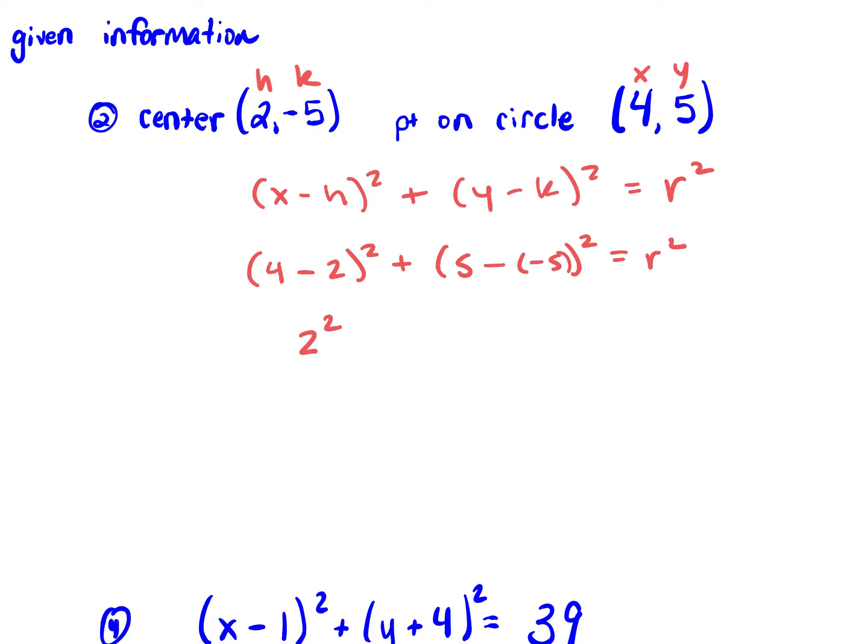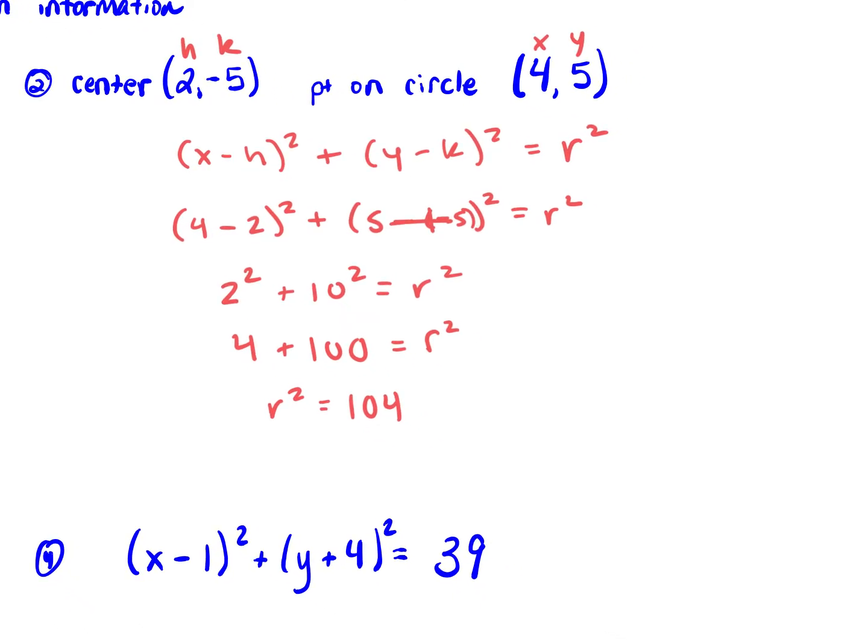So 2 squared, and this becomes 10 squared. 2 squared is 4, plus 100. So r squared is 104. So when I plug that into my standard form, I'm going to have x and y in it.